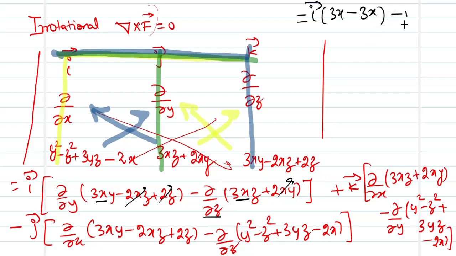Minus j times the second component: with respect to x, this is going to be 3y, and the second term with respect to x gives minus 2x, minus 2z with respect to x, and the last term doesn't have an x so this goes off.